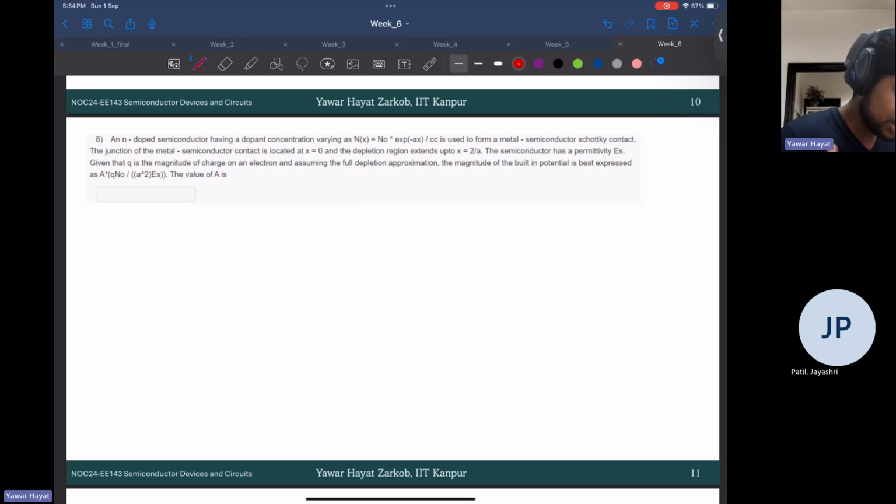And this depletion region extends up to x equal to 2 by a, right? The semiconductor has a permittivity epsilon s, right? And given that q is the magnitude of the charge on an electron, and assuming the full depletion approximation, the magnitude of the built-in potential is best expressed as a times qn0 whole divided by a square epsilon s. So you need to find the value of this a.